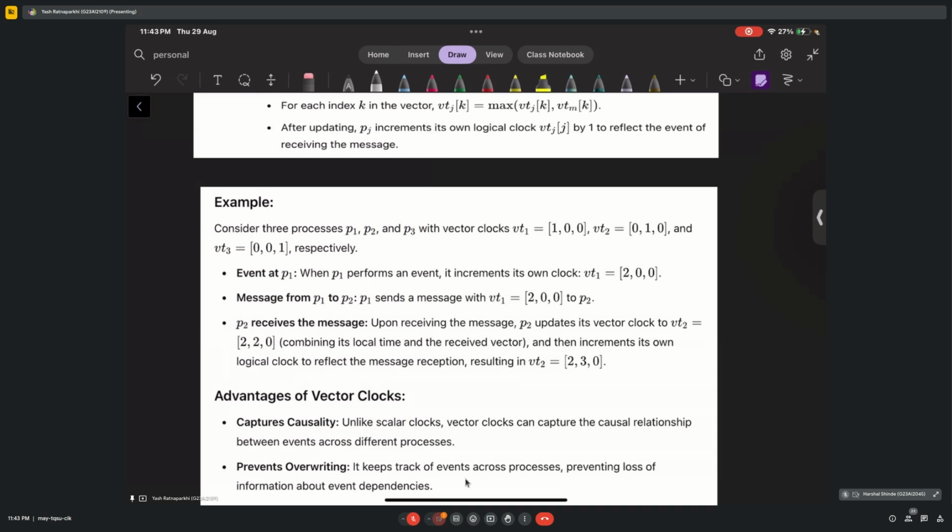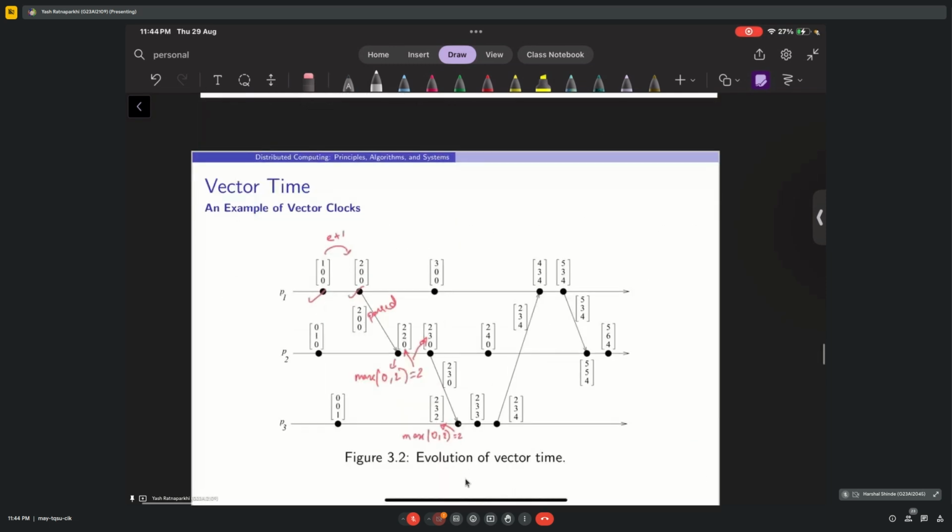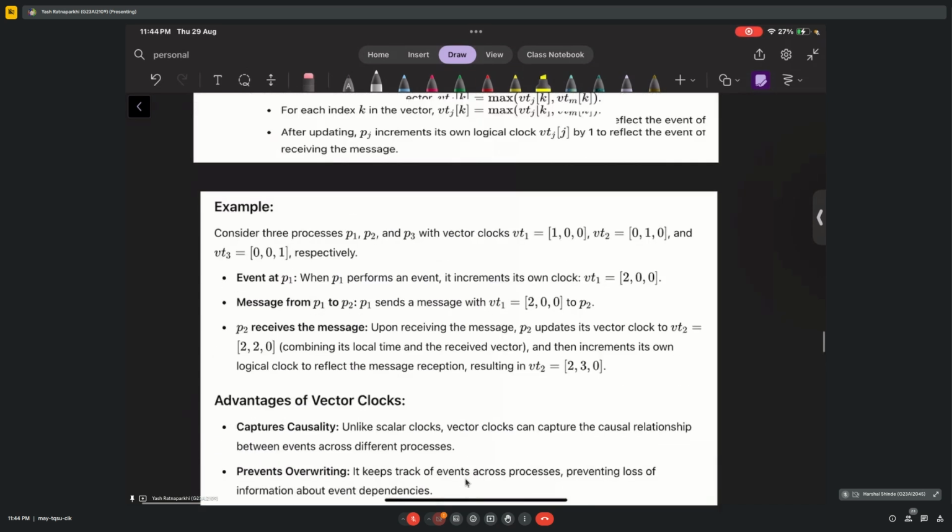When P1 sends a message with that particular vector time to P2, that means along with the data, this VT1 is being sent to P2. P2 will receive the message, and on receiving the message 2, 0, 0, it will combine it with its own clock and update it as 2, 2, 0. This may feel theoretical right now. In the graph, it will be clear to you. Just one slide more ahead.